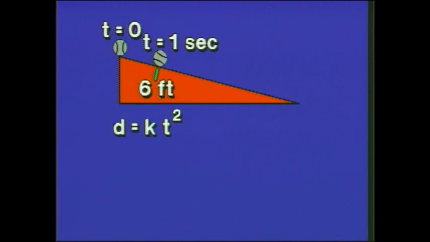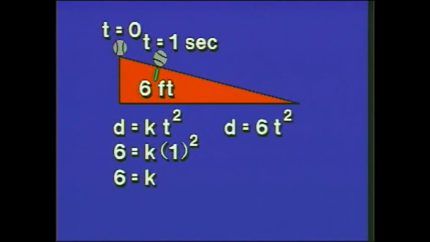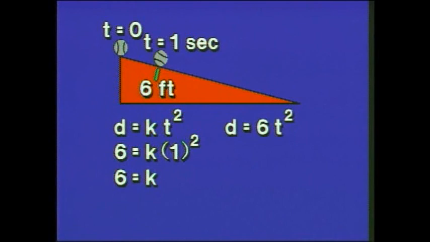Using the information from our experiment about the distance of 6 feet corresponding to a time of 1 second, we simply replace into this relationship and solve for k. Of course, 1 squared is 1, and we understand now that k is 6. Now we can rewrite our relationship, replacing k with 6 into the equation. So here's the mathematical model that was requested.